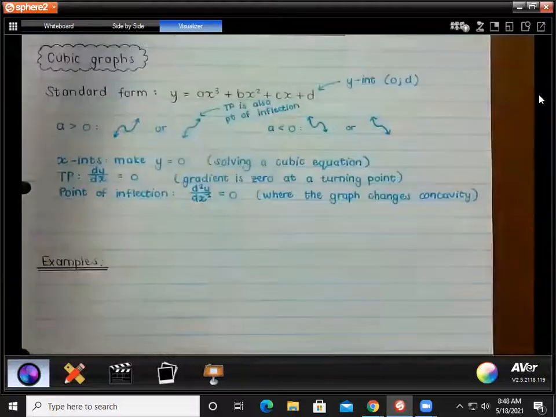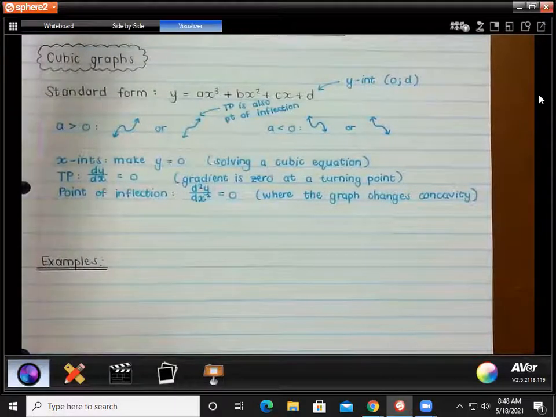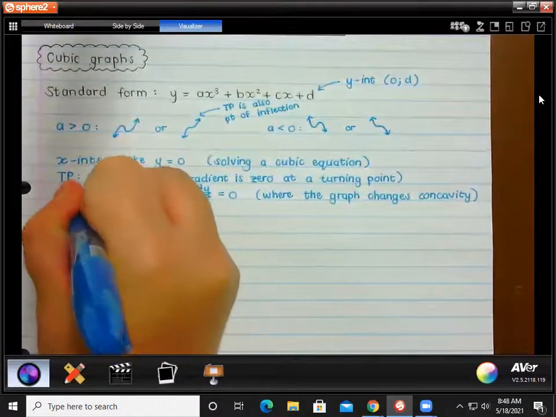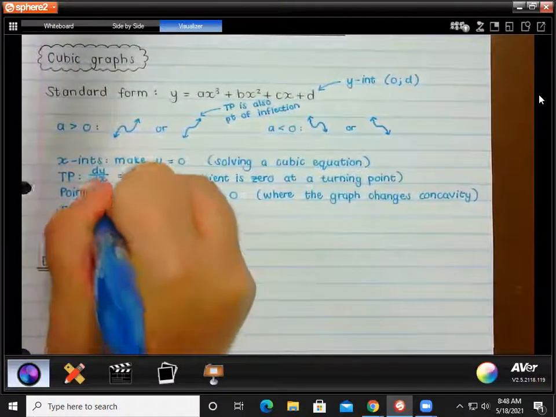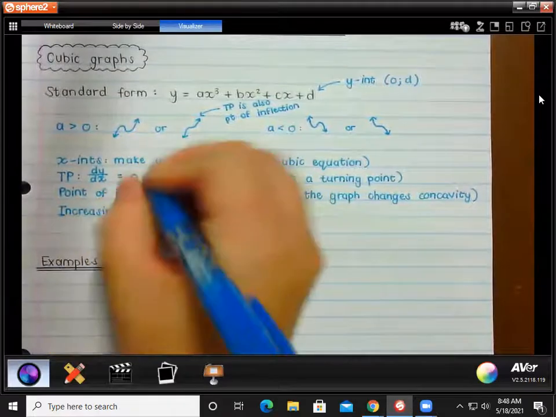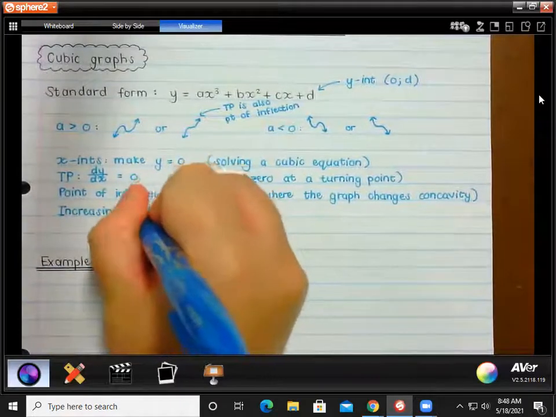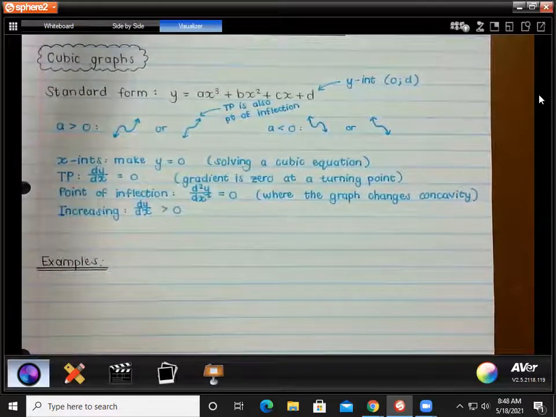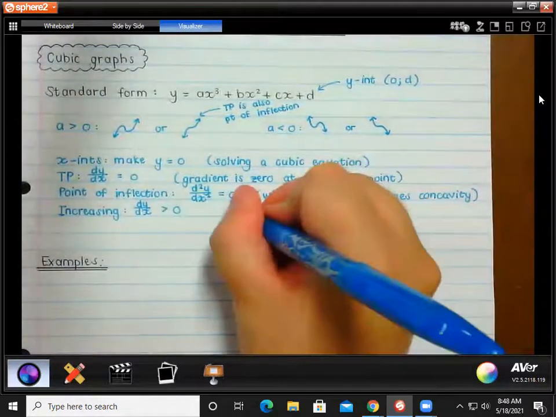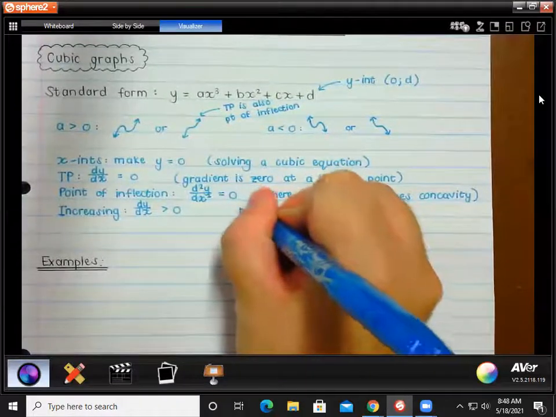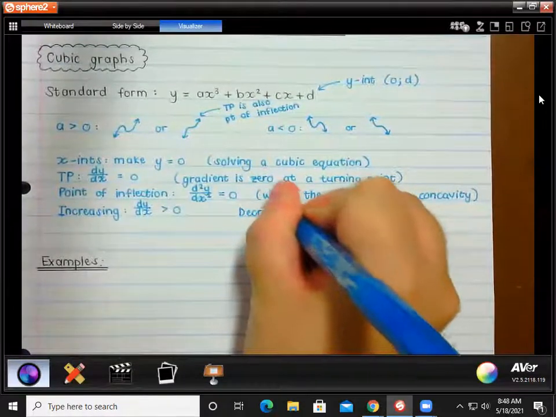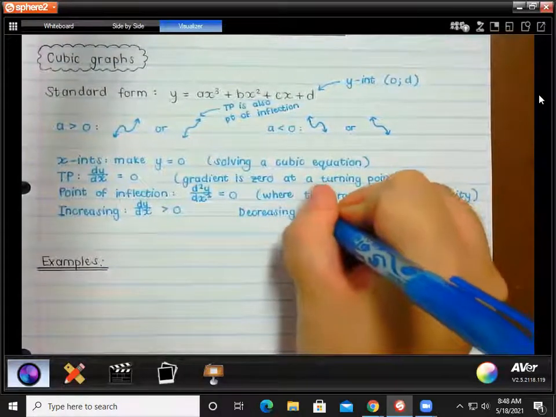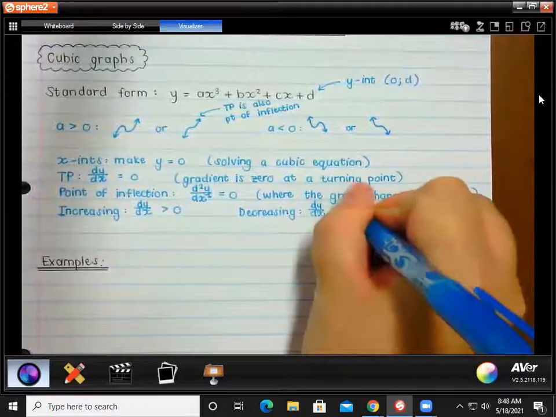So there's something we can add to our note. Increasing is where dy over dx is positive, and decreasing is where dy over dx is negative.